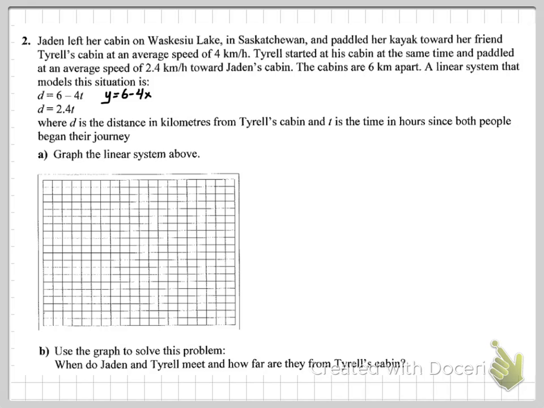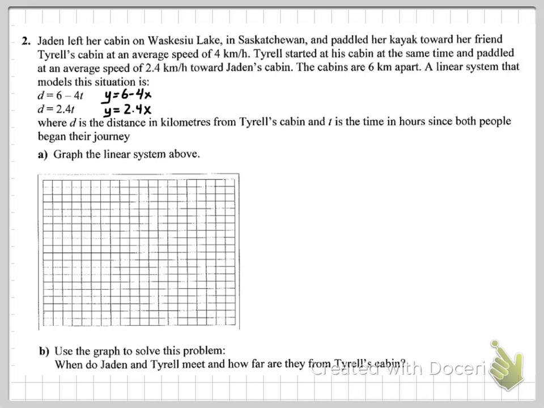Cabins are 6 kilometers apart, and the linear system that models this situation is d equals 6 minus 4t, which if we write using y and x would be y equals 6 minus 4x, and d equals 2.4t, which would be y equals 2.4x.